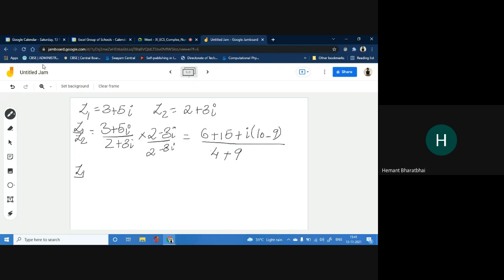So I will get z1 upon z2 is equal to 6 plus 15. So that will be how much? 21 upon 9 plus 4, that is 13.